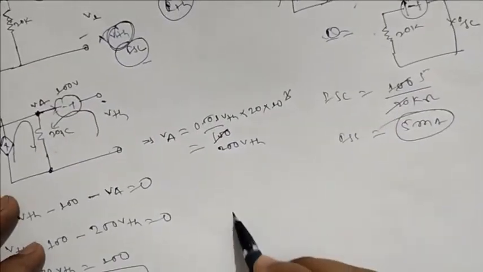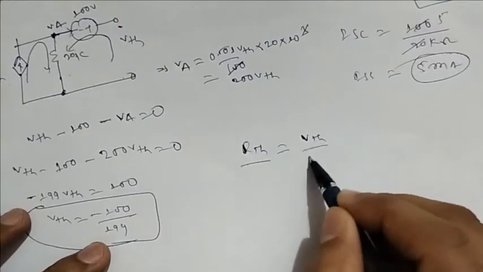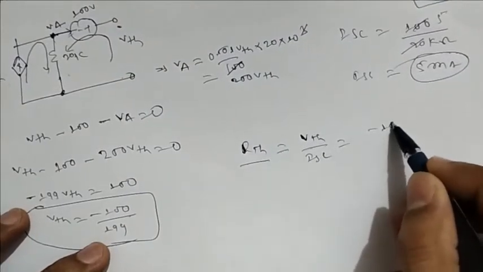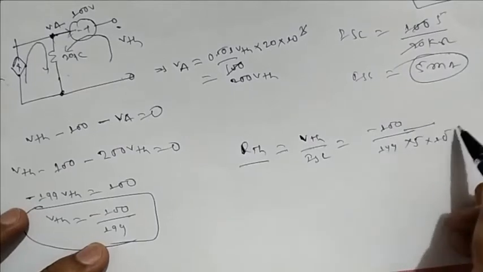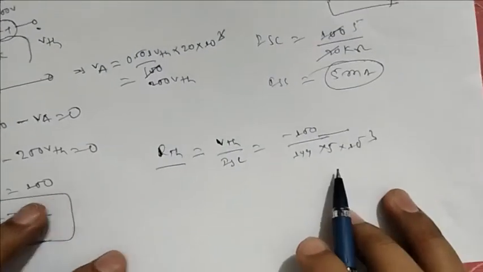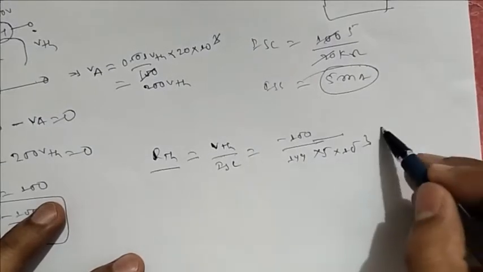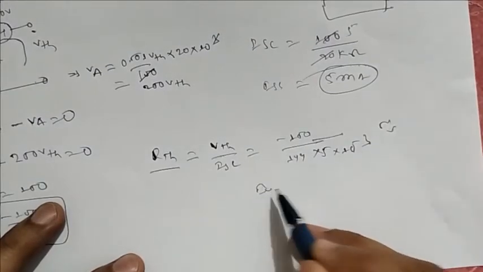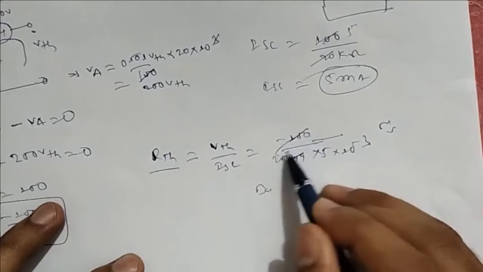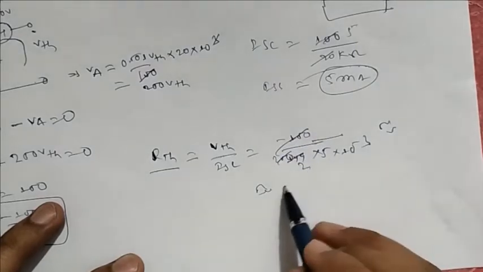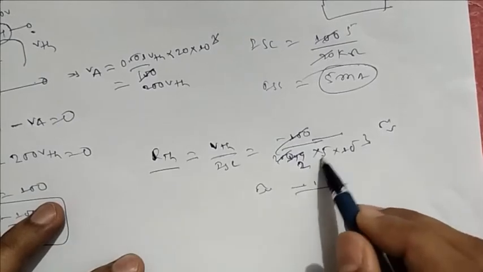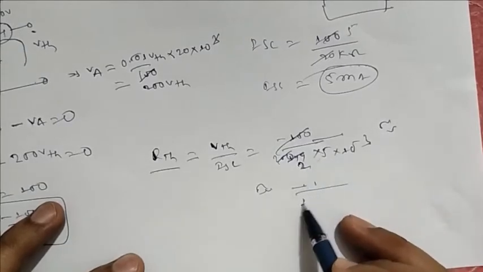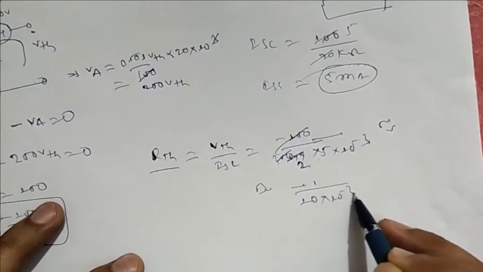Now if I need to calculate RTH, how are we going to calculate? RTH is equal to VTH by ISC. What is VTH? Minus 100 by 199, by 5 milliampere. Now if I take the approximate value, it will be 200, 100 by 2, this is going to give me 2, and minus this is 10 into 10 to the power minus 3.